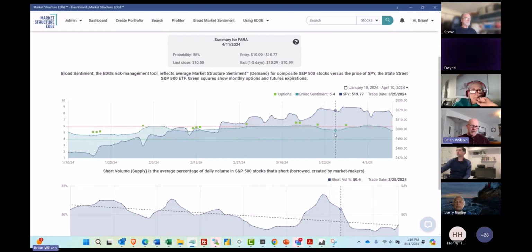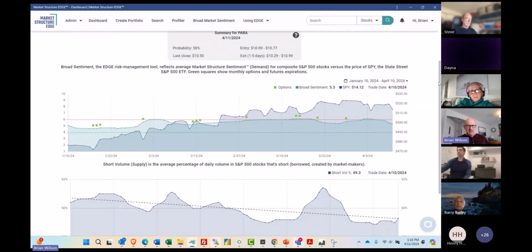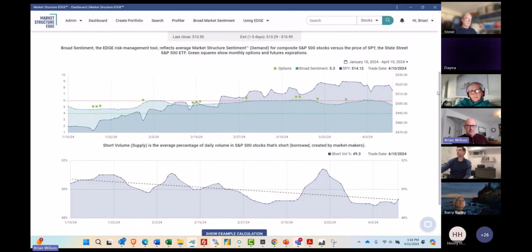If it was a simple way that you trade the market, you could add to your SPY position. That'd be an easy way to get broad market exposure. If demand starts declining, maybe you take some profits. That would be a very simple way that you could do things. If sentiment goes below 5, then you would be very hesitant about adding positions.